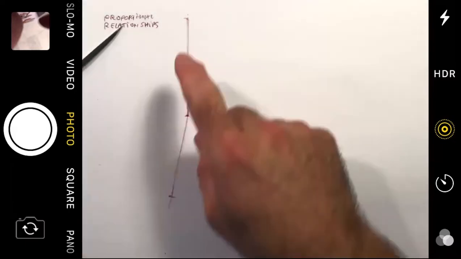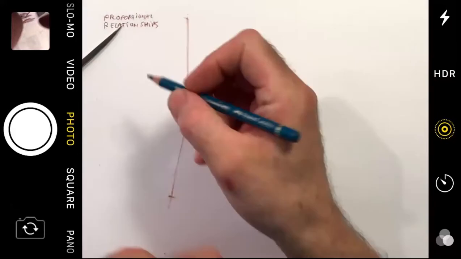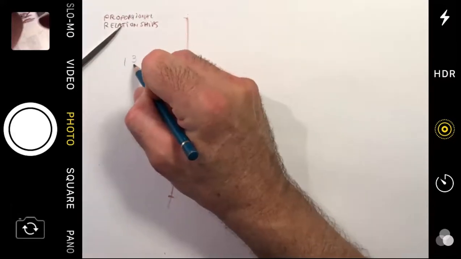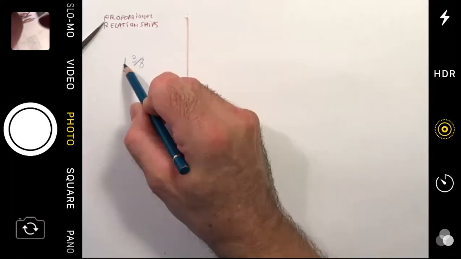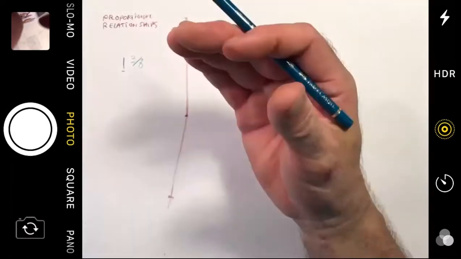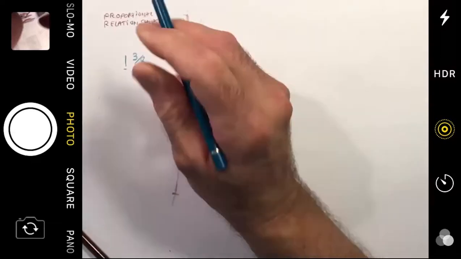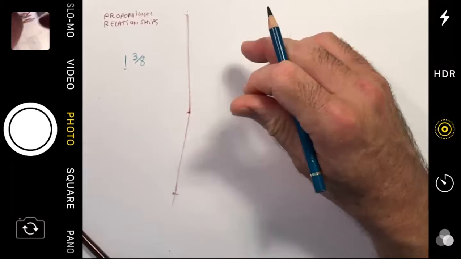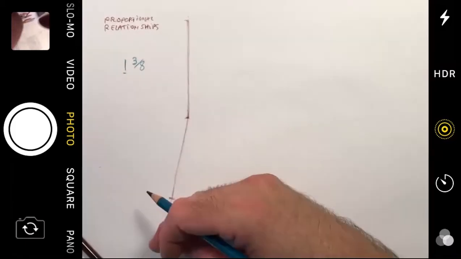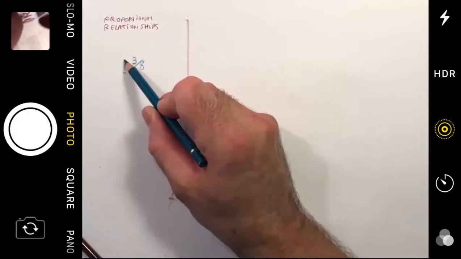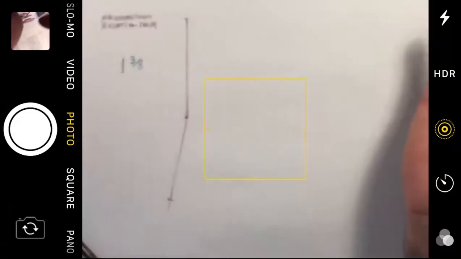The specific proportions are going to be this. The upper arm, the humerus, is 1 3/8, when 1 is the measure of the head, right? One head. When I look at the body in its entirety, I use the head as unit of measure, and all the other segments of the body will be considered in terms of fraction or multiple of 1, which is whichever measure you decide to be.